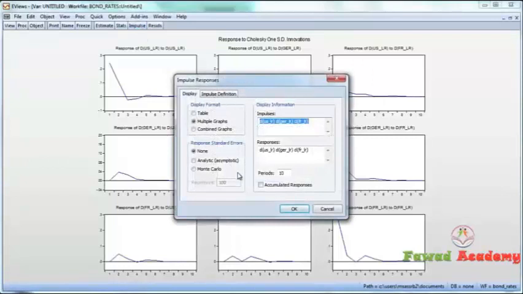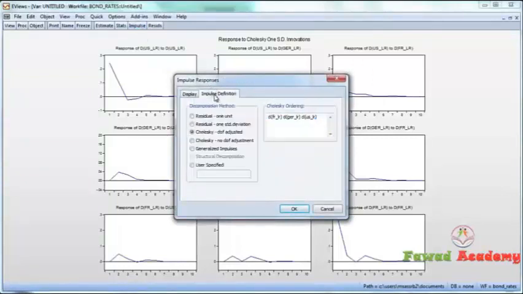Let's go back to impulse response, and what we shall use now, instead of the Cholesky decomposition, is the residual decomposition method as the decomposition method. Now what that means is, you can see the ordering is disabled, we don't need that anymore.